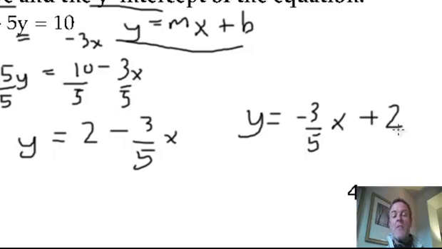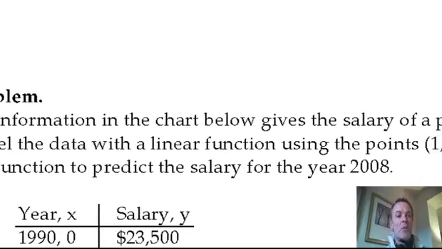So I can clearly see now that the slope is negative 3/5 and the y-intercept is 0,2. Don't just write 2, it's 0,2. Okay, so that's how you rearrange the standard form to y equals mx plus b, the slope-intercept form. Get rid of the x, divide by the number next to the y, and onwards.